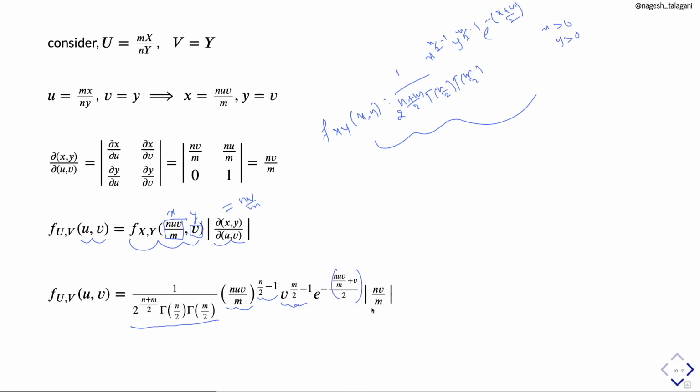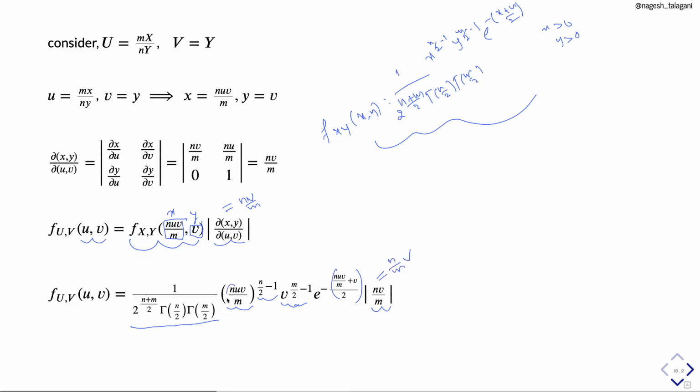This is the modulus of the Jacobian; the Jacobian is nv by m. Now this gets simplified. Anyway, v is positive, so I don't have to put the modulus here. I can simply write n by m v.